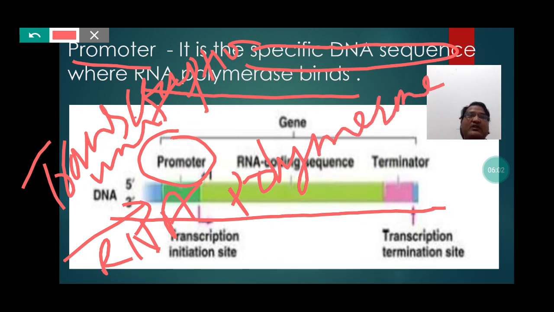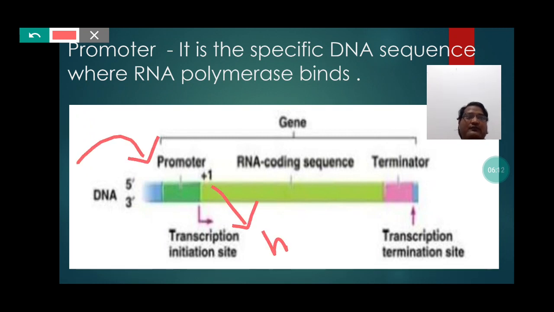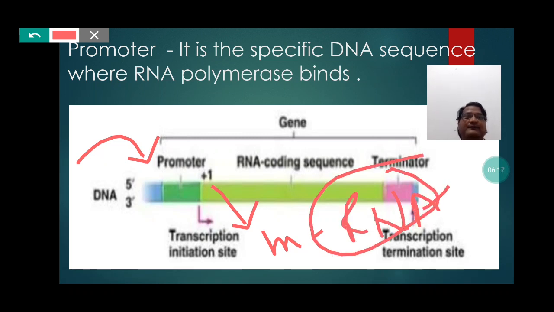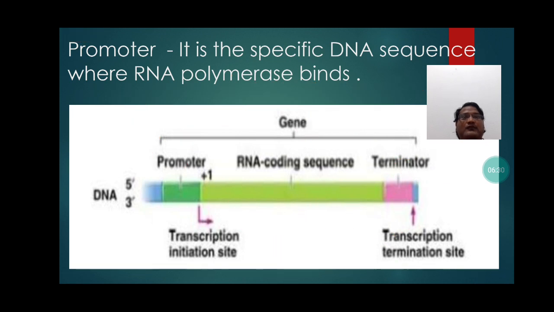Students, RNA polymerase is binding to the promoter so that the DNA is able to form mRNA or simply RNA. So that is why here in the promoter region RNA polymerase binds. Okay students.